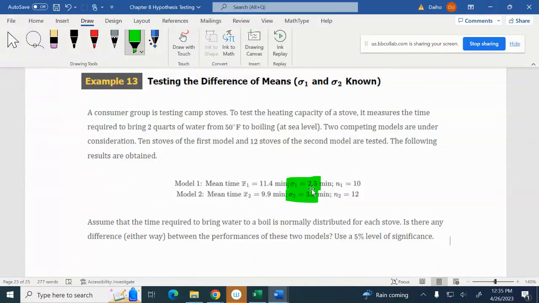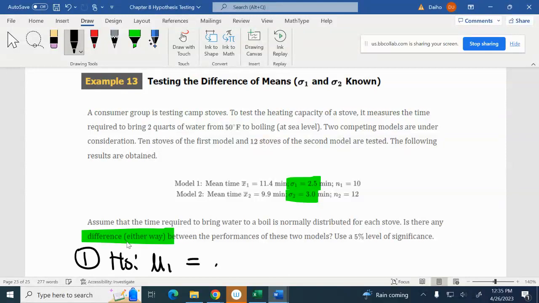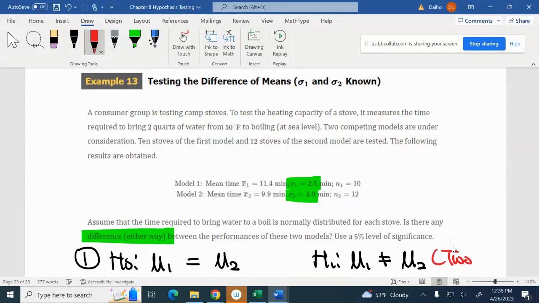So now we have two independent models, and now I want to test for a difference, two-tail. So let me state the null hypothesis: always mu1 is equal to mu2, but the alternative hypothesis is not equal to, so it will be two-tail.